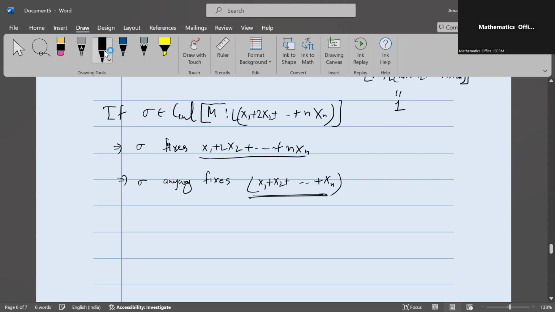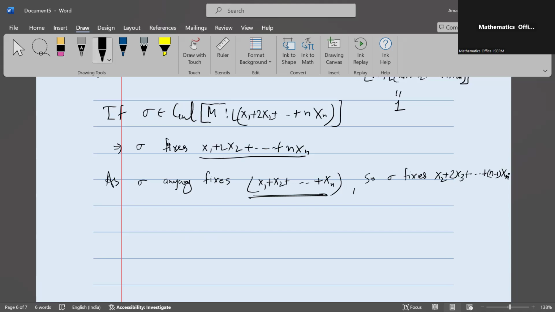Now sigma is actually a permutation of x1, x2, ..., xn.